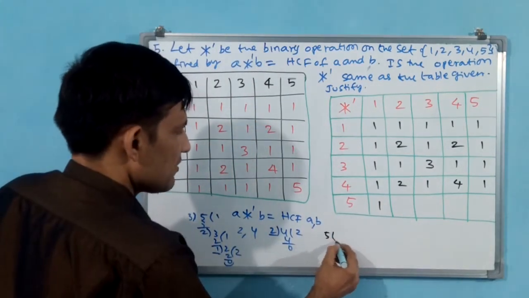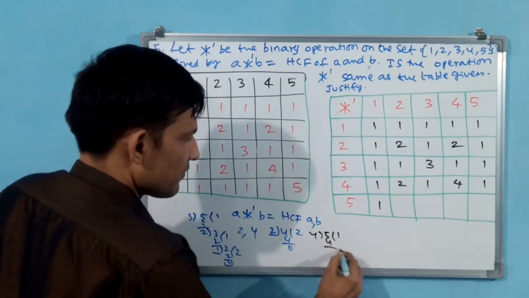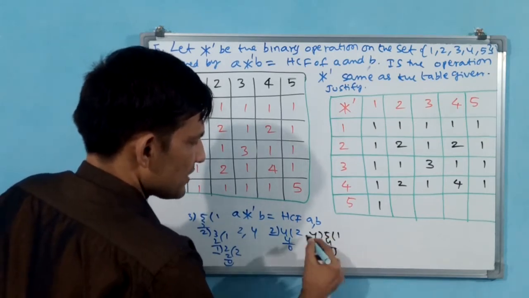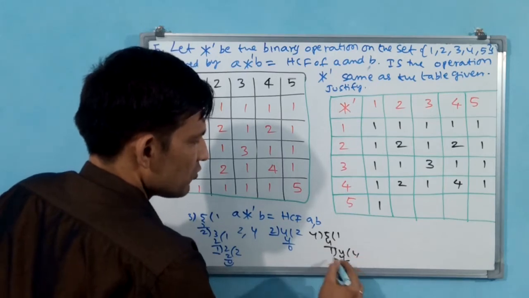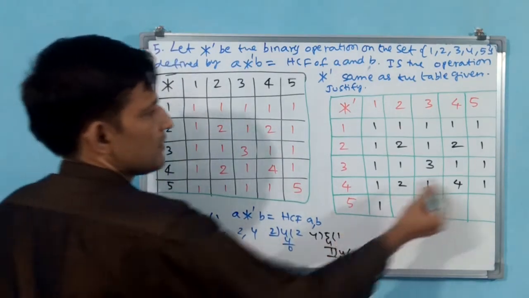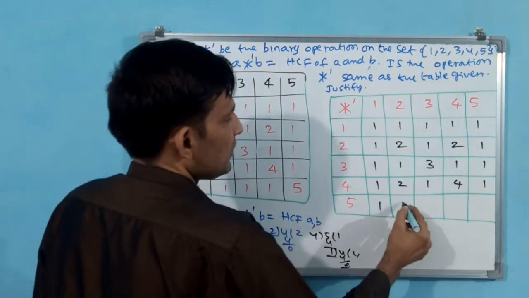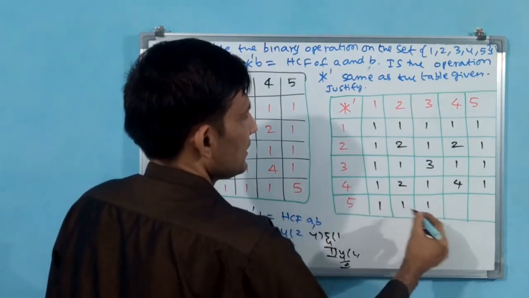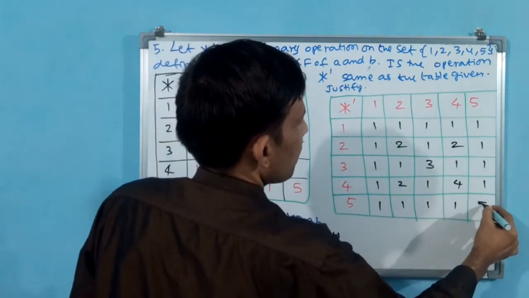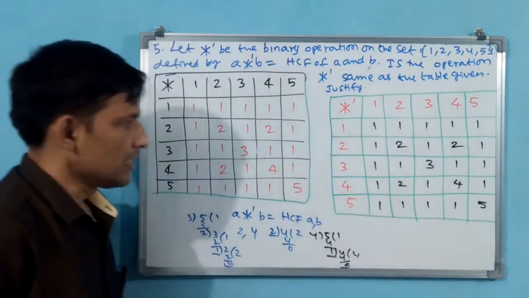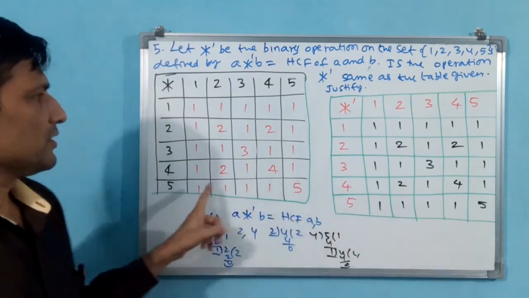See, 5, 4. 4 ones are 4, 1. Not 0. That is why you have to take again this 4. 1 fours are 4, 0. If 0 comes, this is the HCF. 1. 5, 2 also 1. 5, 3 also 1. 5, 4 also 1. 5, 5 also 5. Okay. Now you compare this table with this table.